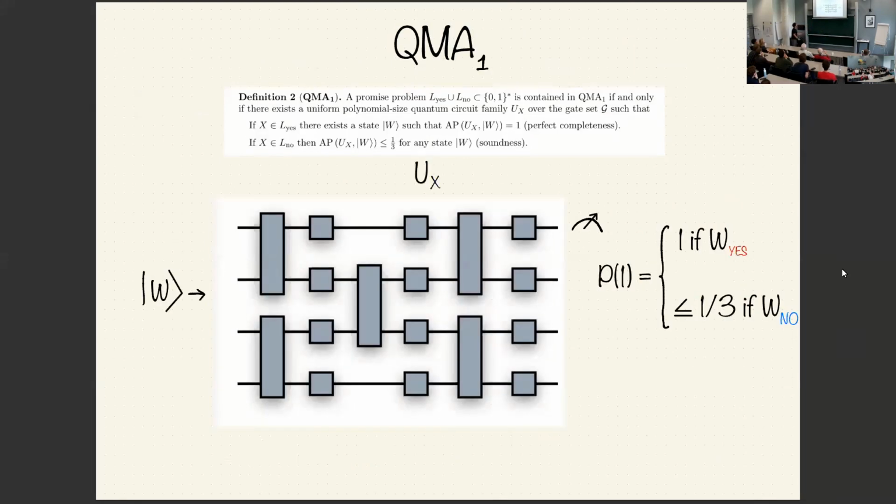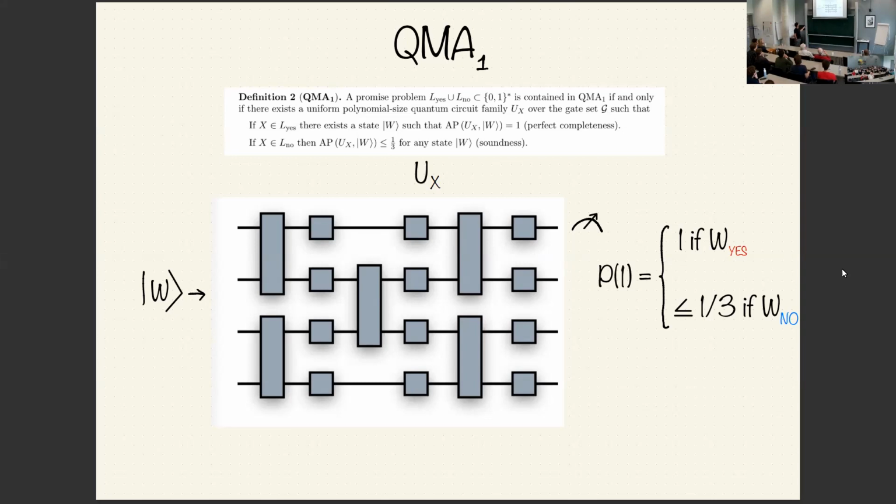But let me just, in terms of a picture which I prefer. It's the class of problems where, if there's a yes instance of your problem, you can verify this with probability 1. There exists a witness W, such that you can plug it into the circuit, which is uniformly generated in polynomial size and so on, and you get with probability 1 that yes, it's a yes instance.